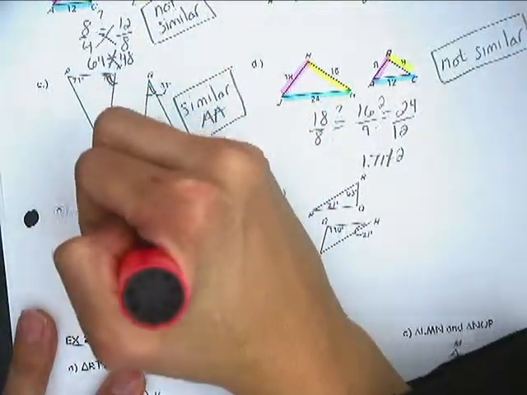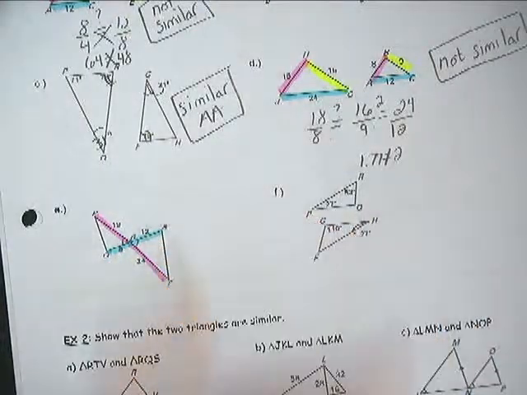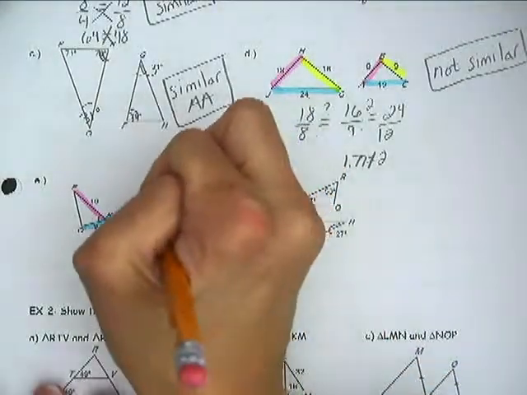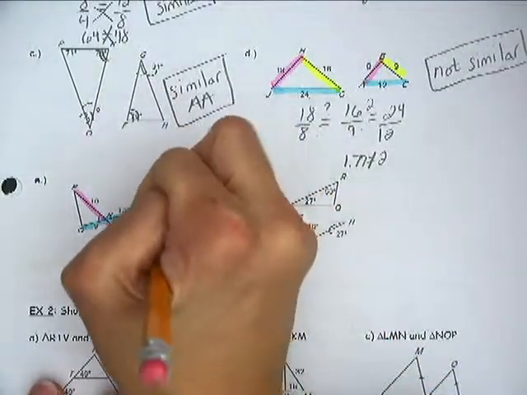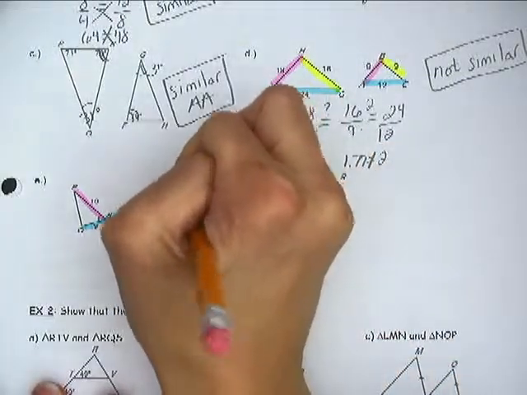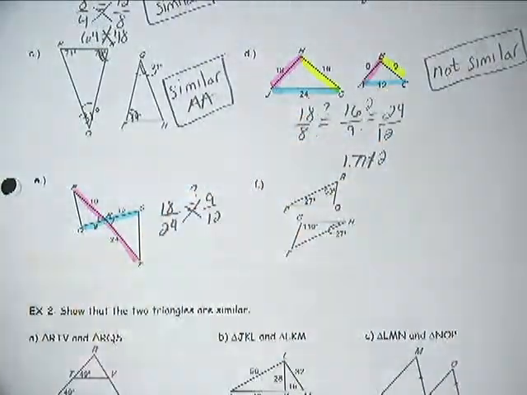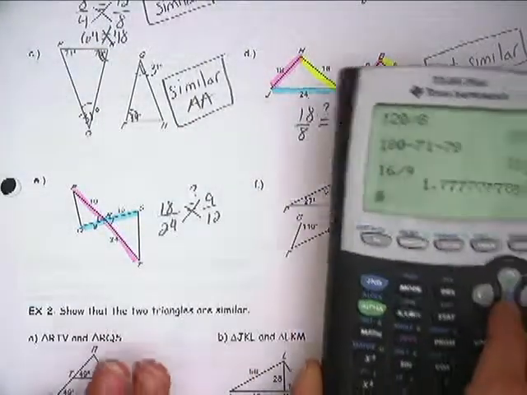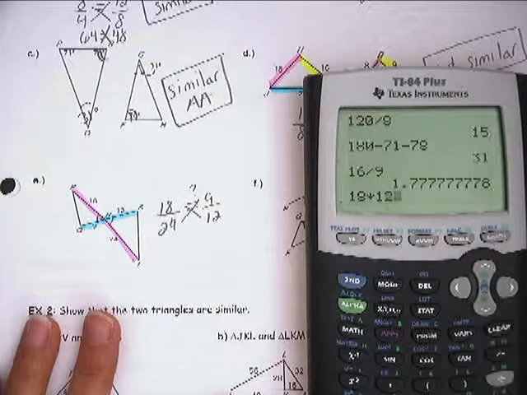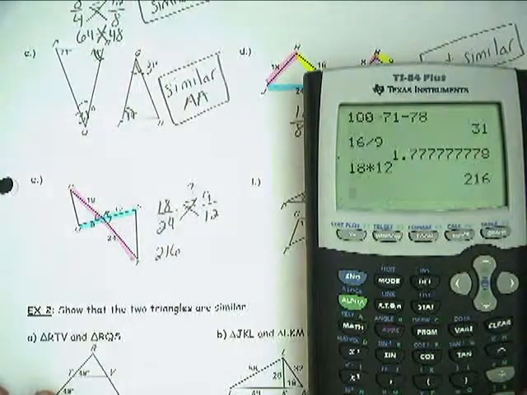Okay, so with letter E, I see some vertical angles, so I'm going to mark them as congruent to each other. And then I'm going to list the corresponding sides. So let's see, 12 corresponds to 9. 18 corresponds to 24, so it looks like that. So all I need to do is check to see if these sides are proportional.